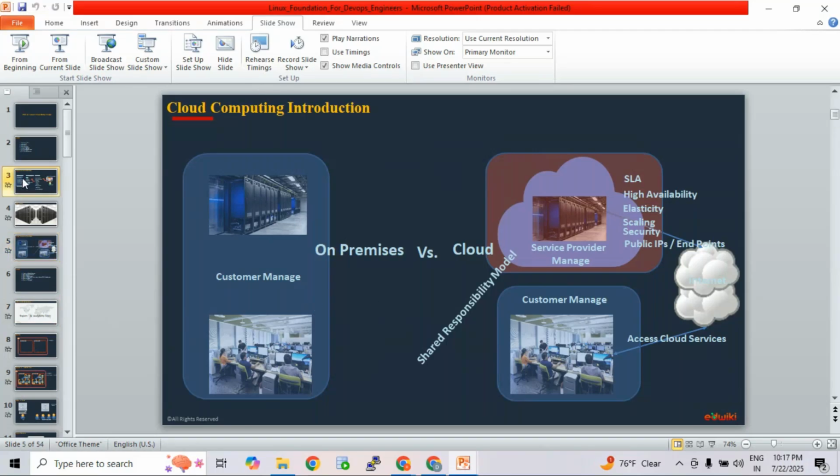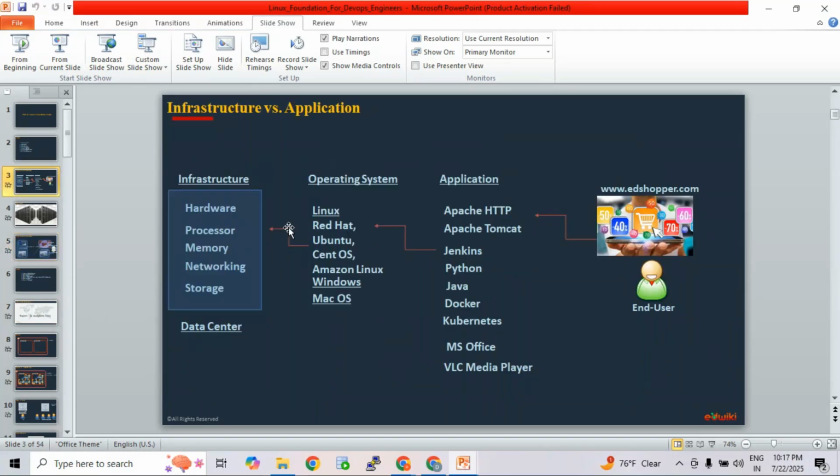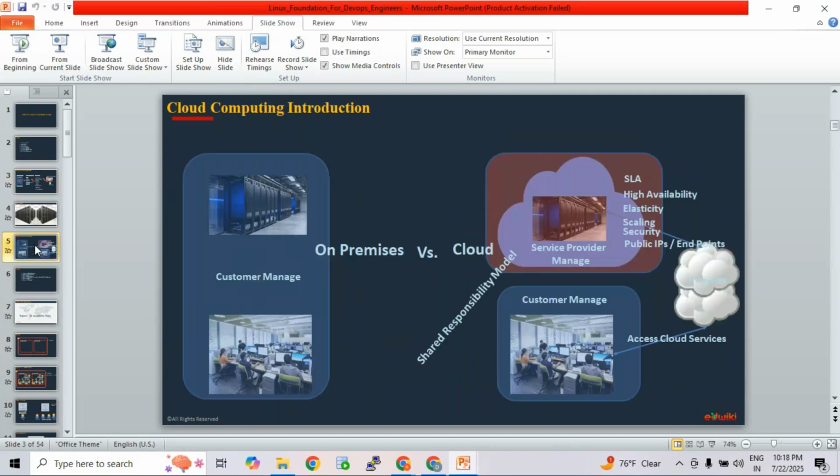Then we'll move on to the next step as we discussed here, starting from cloud infrastructure, then the operating system, then the application layer. At the end, we will know how the online shopping portal web app will be running, which will be useful for my customers. That's the roadmap that we have, right?